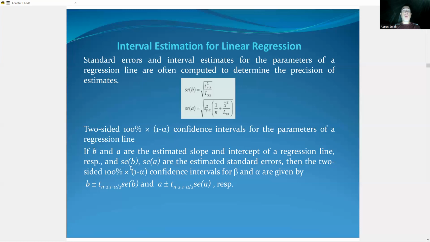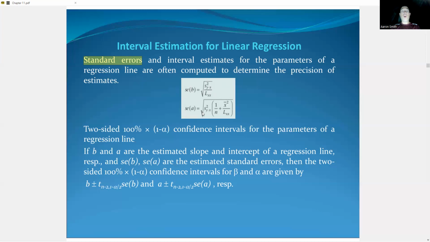All right, so for us to be able to do interval estimation, I'm going to need a measurement of the variance, the standard deviation, on my estimate of the slope and the y-intercept. Okay, so we're going to get our standard error. And for the slope, here's our formula for the standard error.